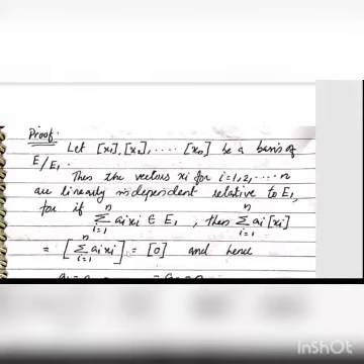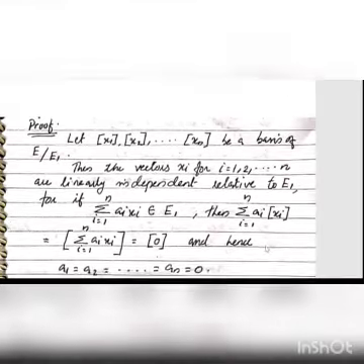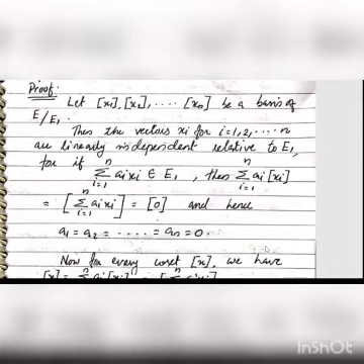So this can be written as sigma i equal to 1 to n ai times the coset of xi, and that is nothing but 0. Why is this 0? Because in a quotient space E/E1, E1 is going to be the zero over there, and hence a1, a2, etc., all are equal to 0. Since this is 0, we have this belonging to E1, so in E1 you will get a1, a2, etc., all equal to zero.